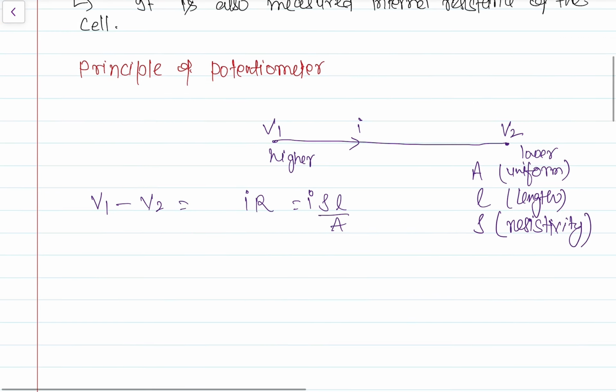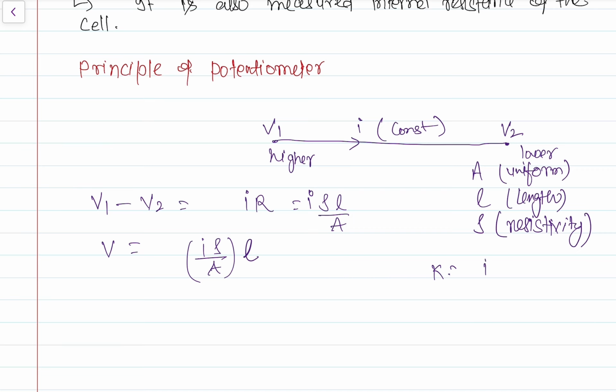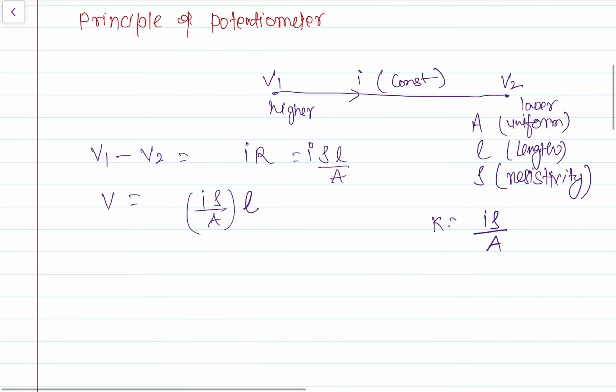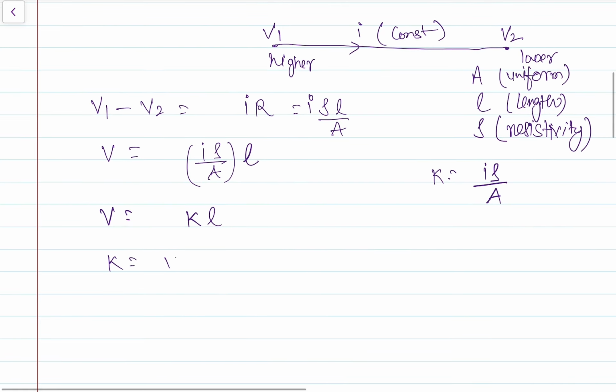So the potential difference we can write as V equals I rho by A into L. Current is constant, resistivity is fixed for a given metal, and A is uniform. So let K be I rho by A. Then V equals K times L, and K is nothing but V by L, the potential per unit length.